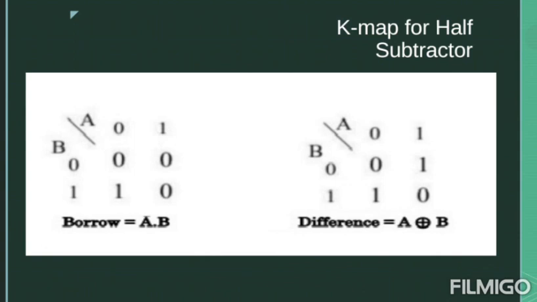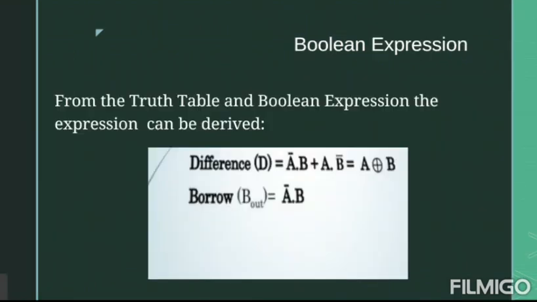In borrow, if we see, the largest grouping is a pair of 1s. So the borrow answer is A bar dot B. And for difference, the maximum grouping is 1. So difference is equal to A exclusive-OR B. So next is the Boolean expression.